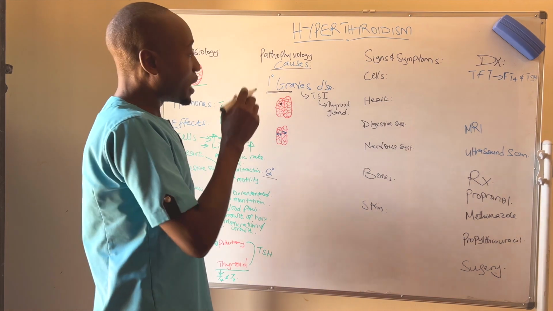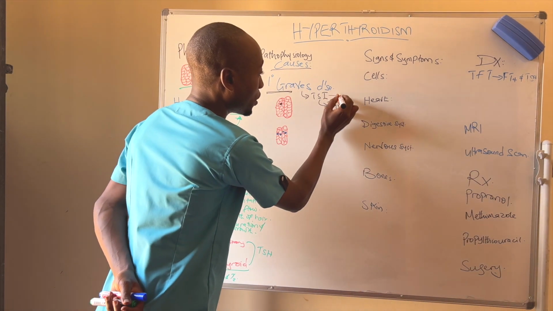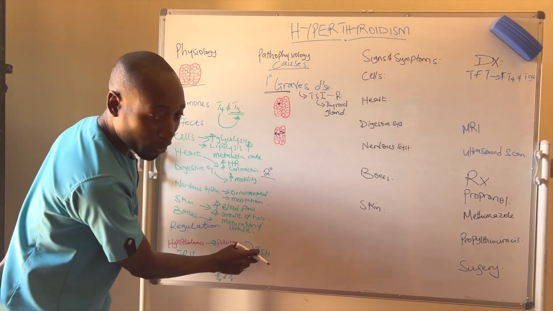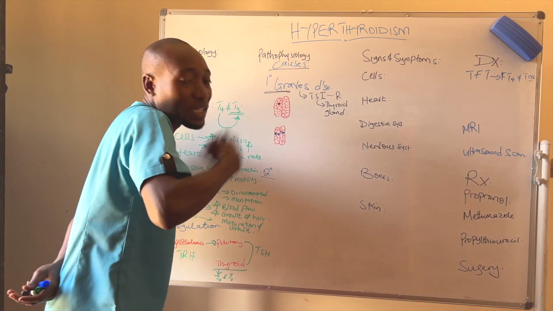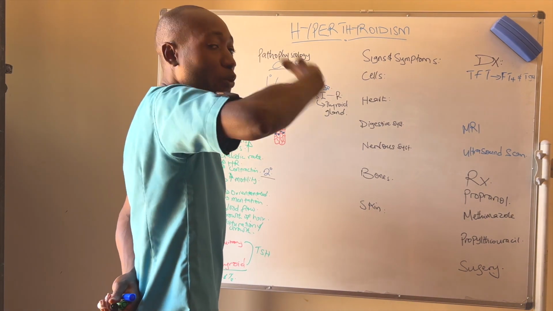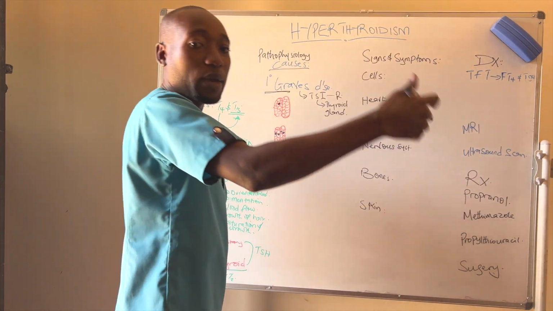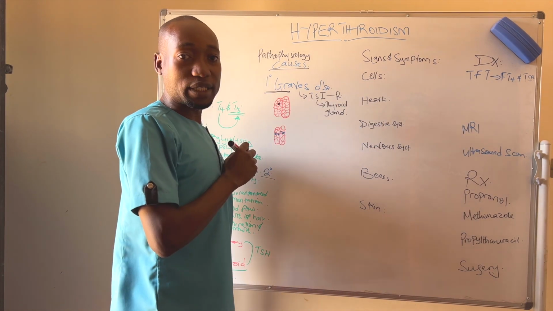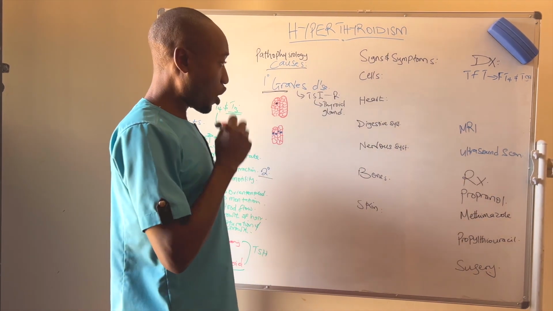In other words, they go to the receptors of the thyroid stimulating hormone and stimulate them. Therefore, the thyroid gland produces a lot of hormones because it is as if it is being stimulated by TSH. I hope that is clear.